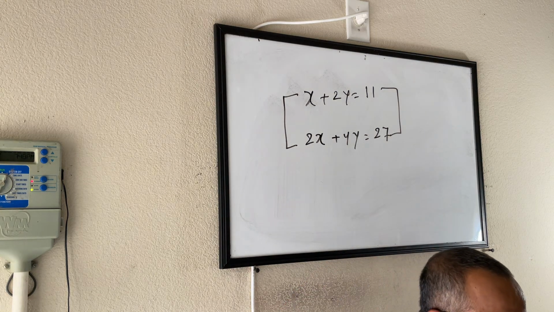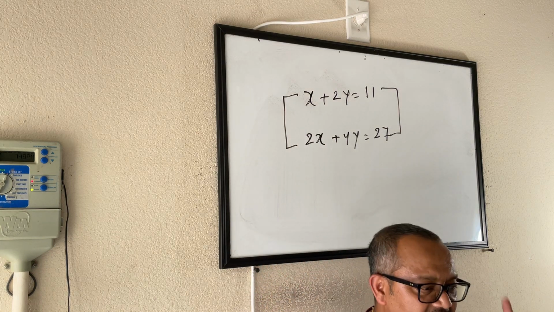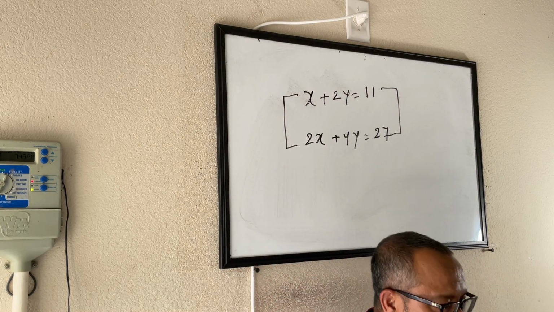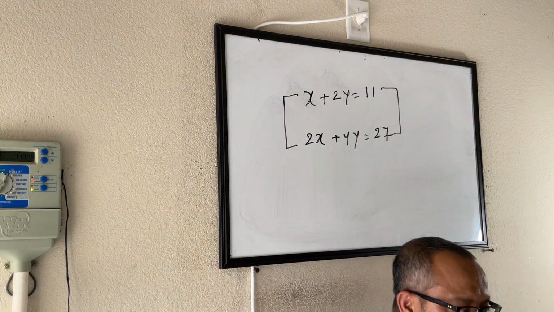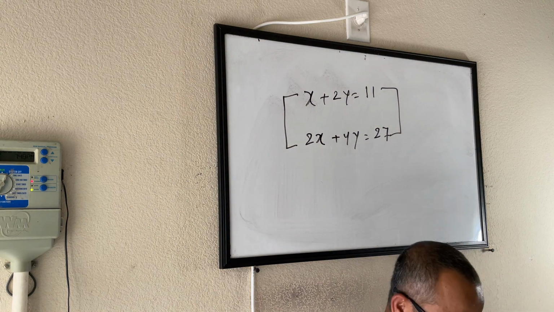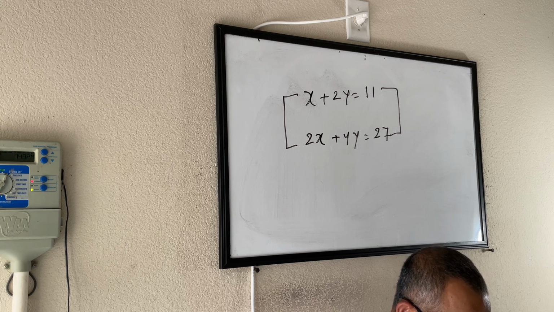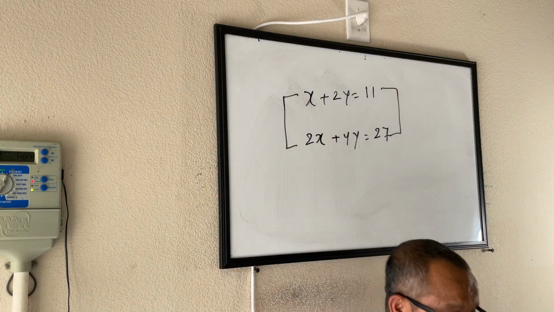I want you guys to think through these two equations and tell me whether they are going to have one solution, no solution, or an infinite number of solutions, and tell me why. I'm waiting for an answer, okay?